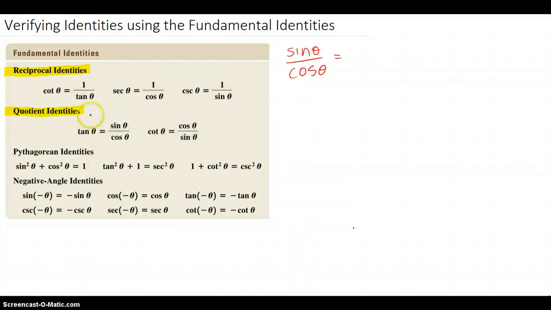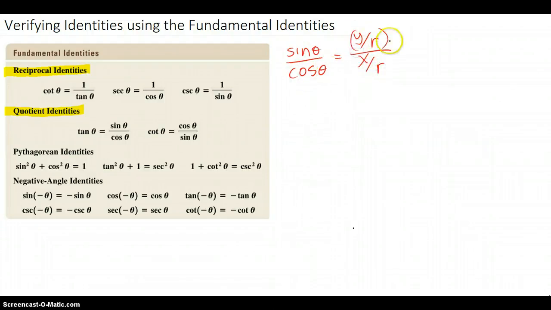To prove this identity, I'm going to start with sine over cosine and use the definitions of sine and cosine from the very first chapter. Sine theta we know is y over r by definition, and cosine we know is x over r.